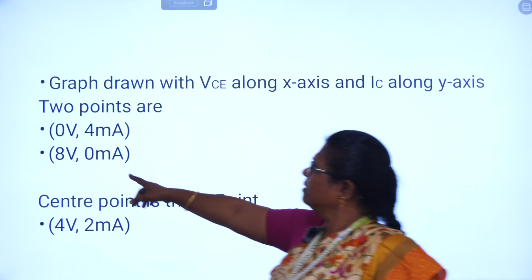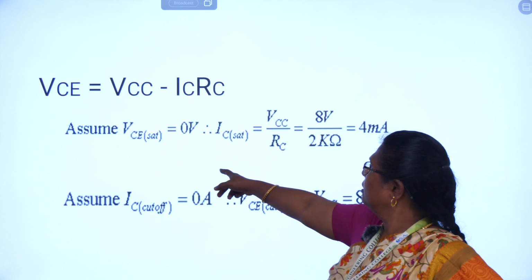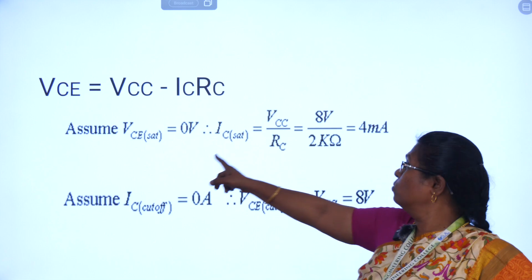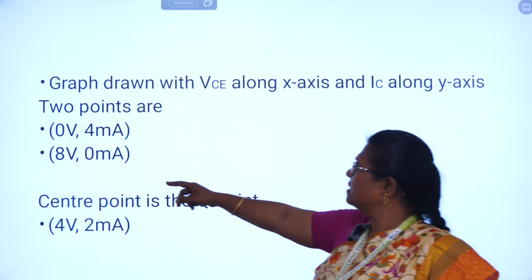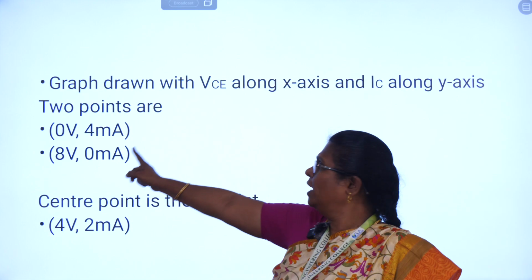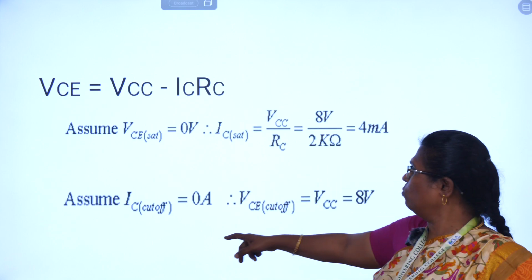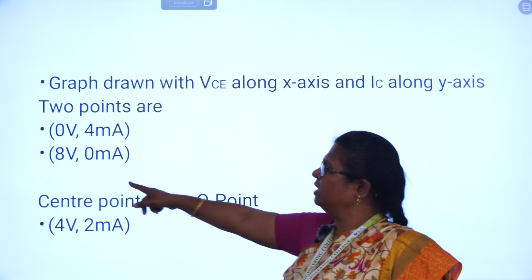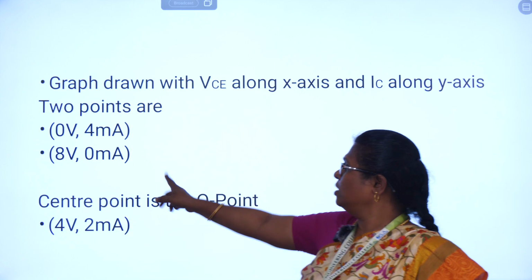The first point is 0 volts and 4 milliamps, and the second one is current 0 and voltage 8 volts.